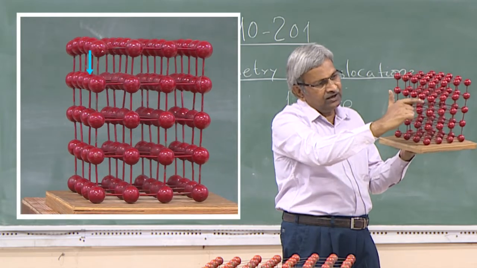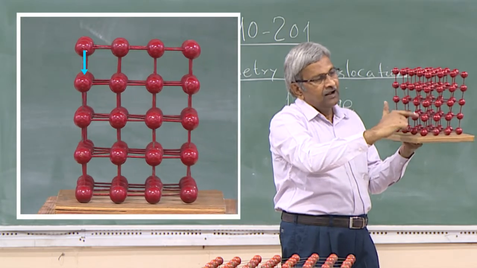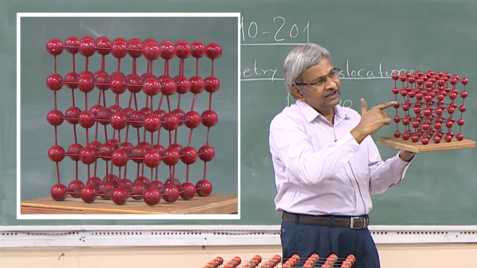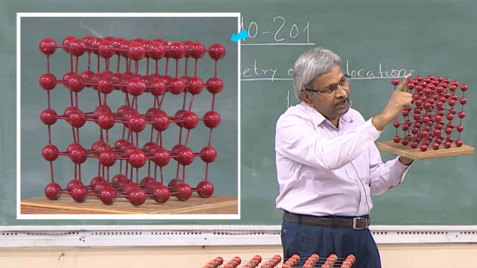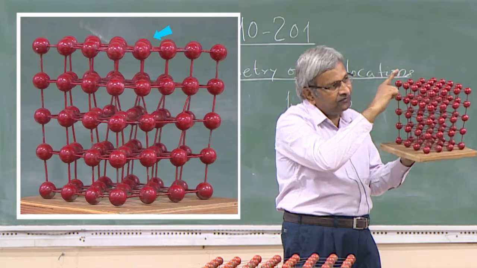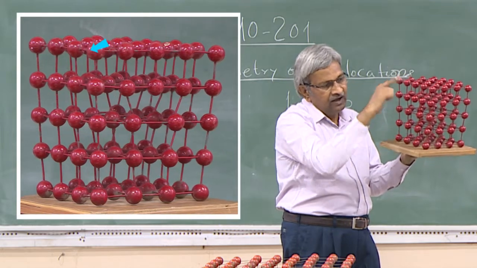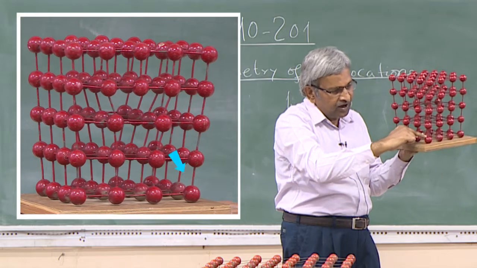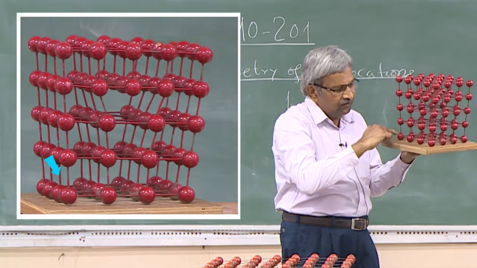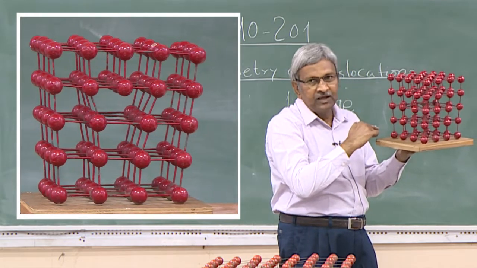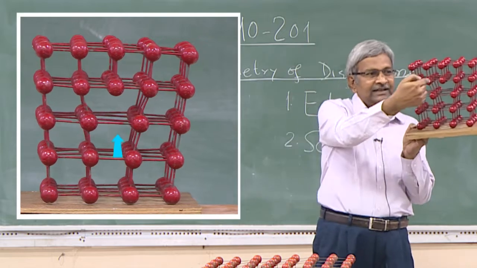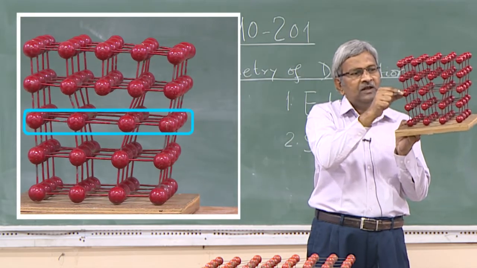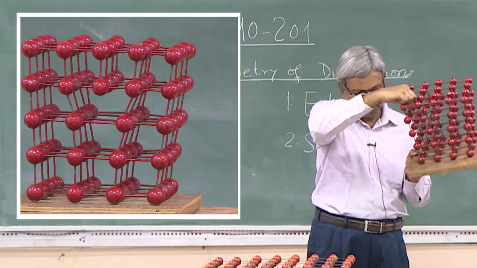This is 0, 1, 2, 3, 4, but when you count like this, see how many steps you went: 1, 2, 3, 4, 5. Whereas in this case, when you have come down, you have gone 1, 2, 3, 4, and the 5 will be here, meaning thereby that in this face there is a missing step.